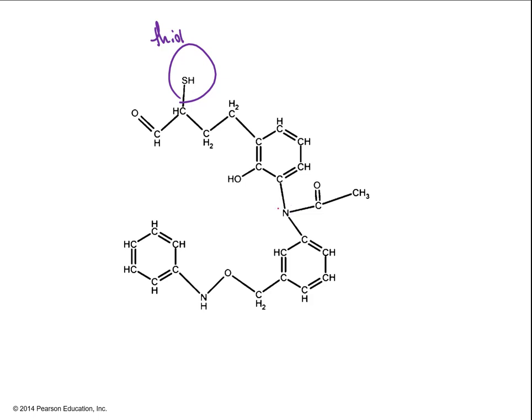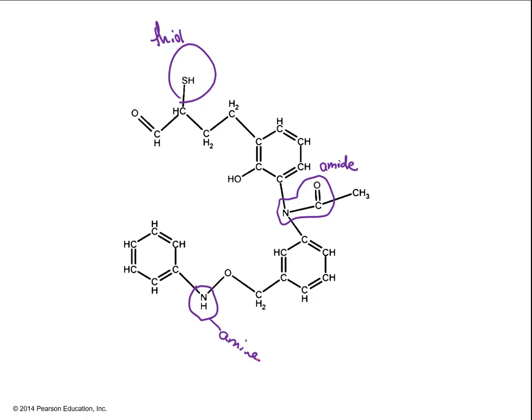So that means it's not just an amine, this is an amide. Find one more nitrogen. This nitrogen doesn't have any carbons with double bond oxygen, so it's an amine. Okay, so sulfurs are a thiol, nitrogens have to be amines or amides.